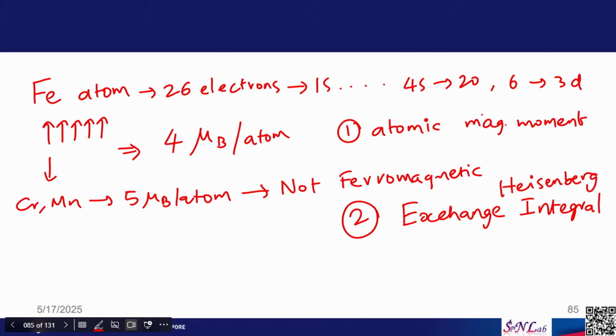So, Heisenberg proposed that when you have a system, the energy between two spins will depend on the exchange integral J. Okay. So, if you have two spins, these two spins will be parallel if J is positive.